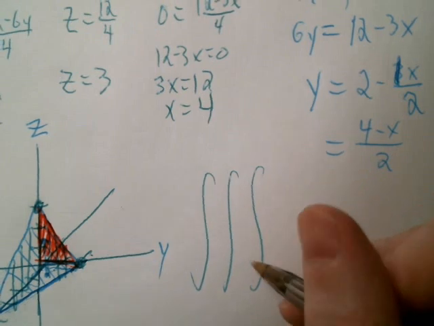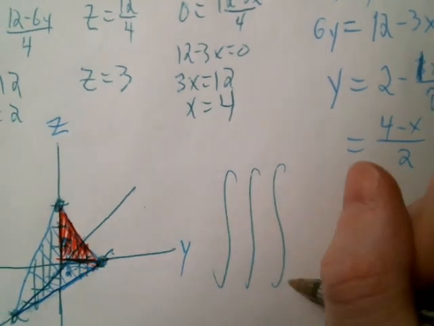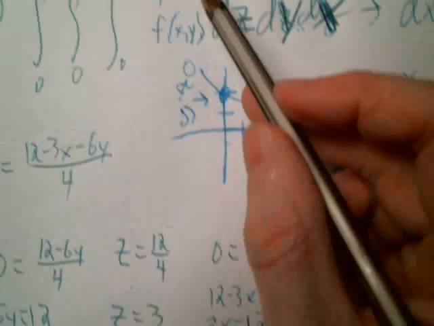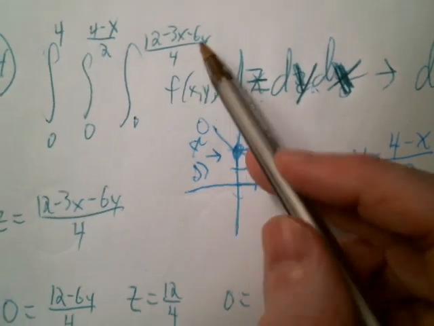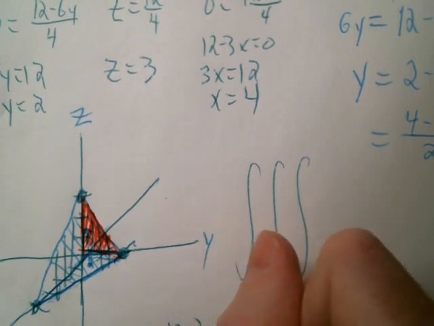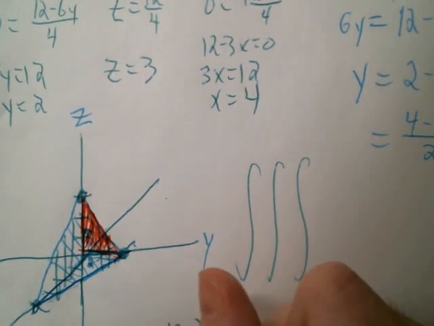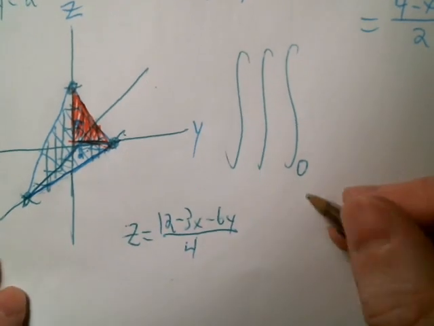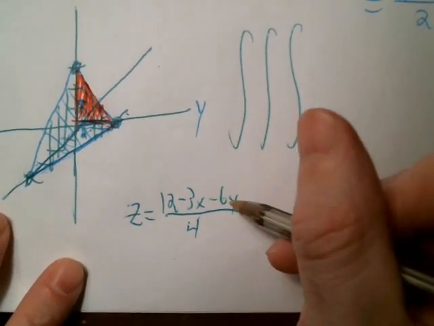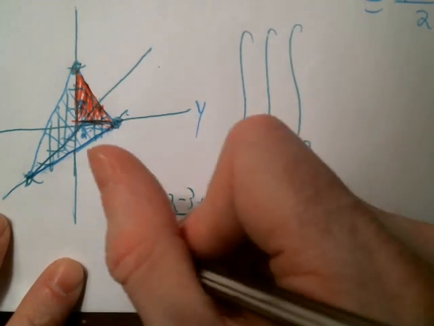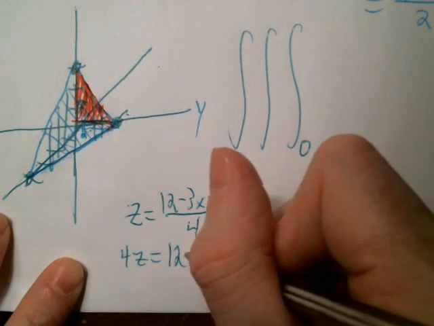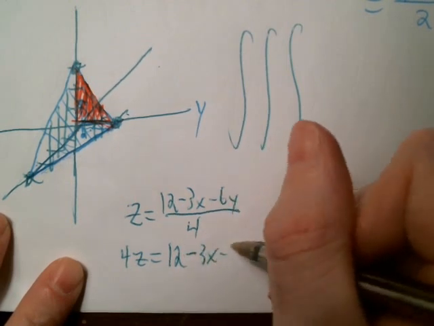So I'm going from x equals 0 to x equals this plane, which I need to now rewrite in terms of y and z. So I have z equals 12 minus 3x minus 6y all over 4. And I just need to kind of invert it, right? So I'm going to move the 4 over: 4z is 12 minus 3x minus 6y.